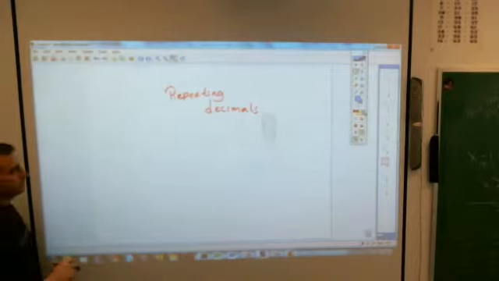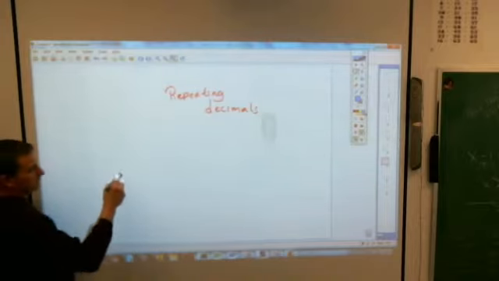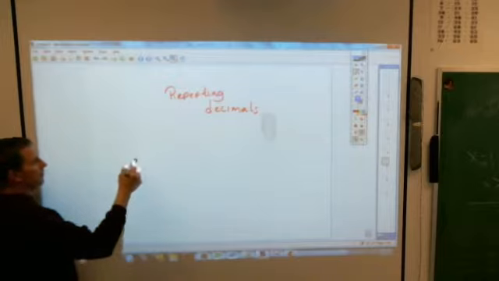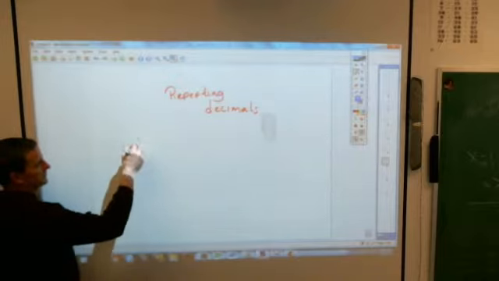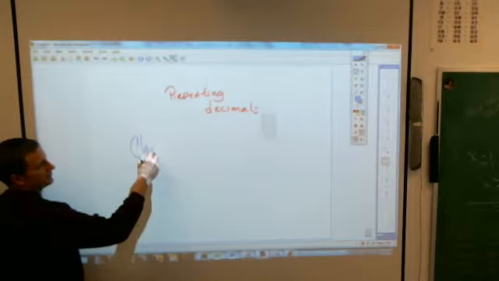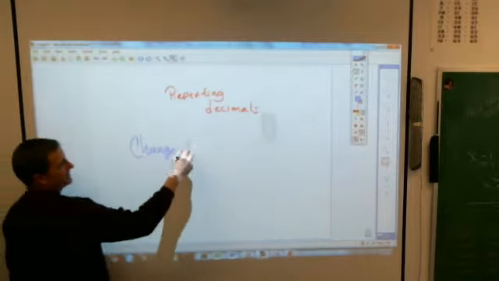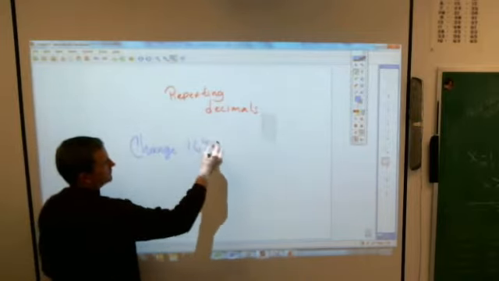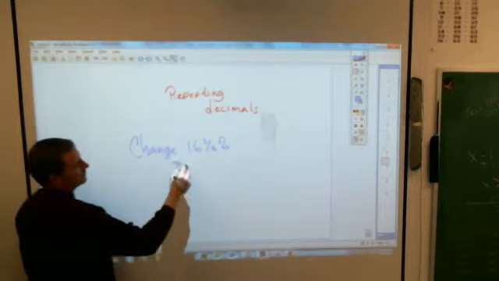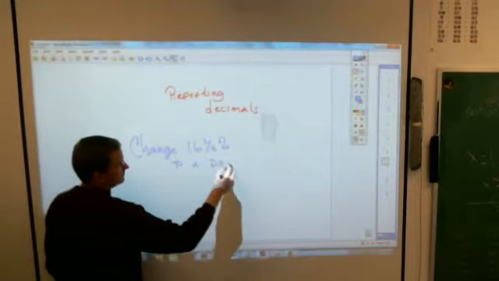For example, one of the problems in the book says to change 16 2/3% to a decimal.